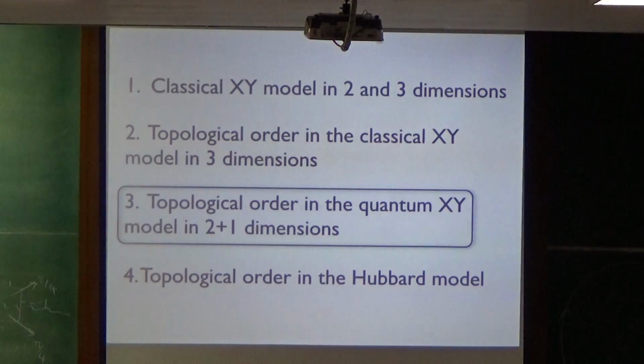If you don't like that, you can work with the classical system, but then you have to talk about strange non-local things like the eigenvalues of the transfer matrix. They will distinguish, in a purely classical language, the two phases. There turn out to be no local observables that distinguish the two phases. You have to really look at some global topological properties of the quantum system, or properties of the entire transfer matrix.